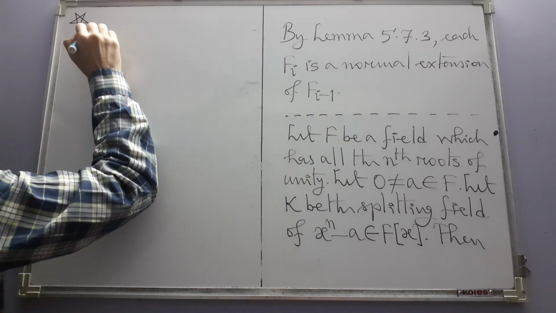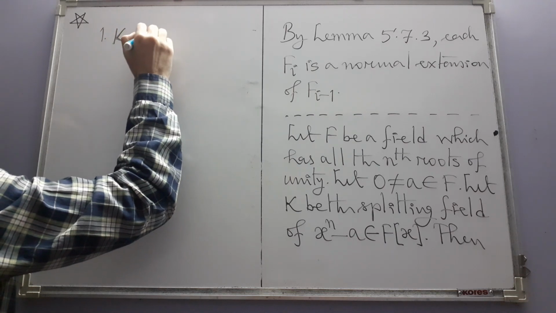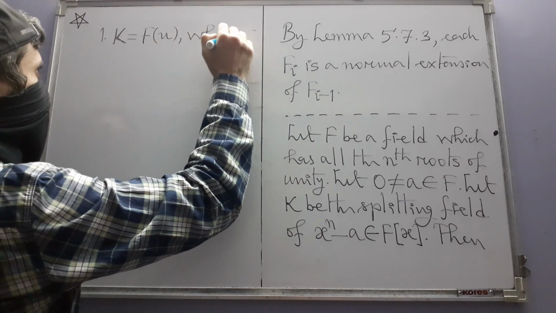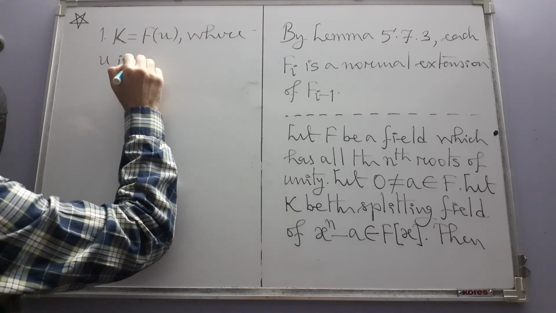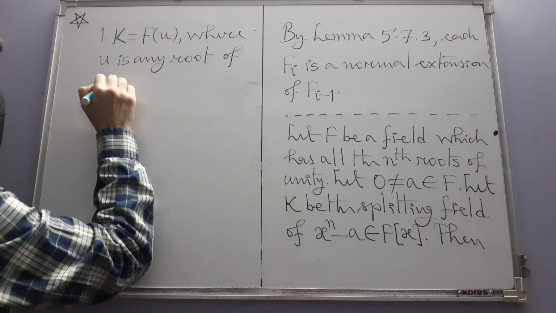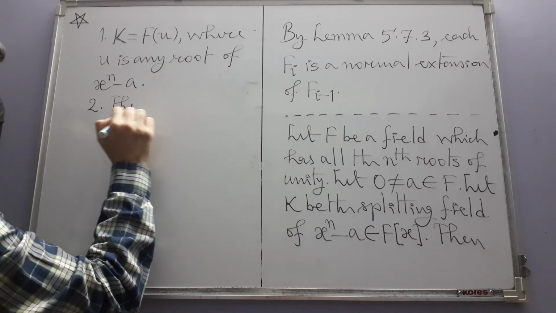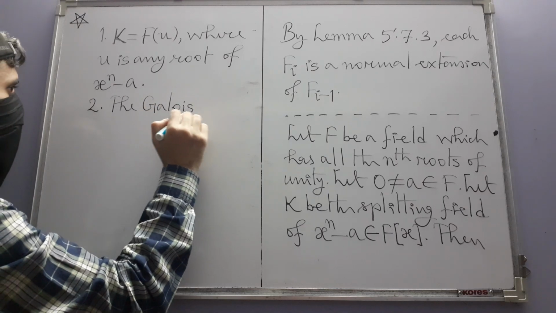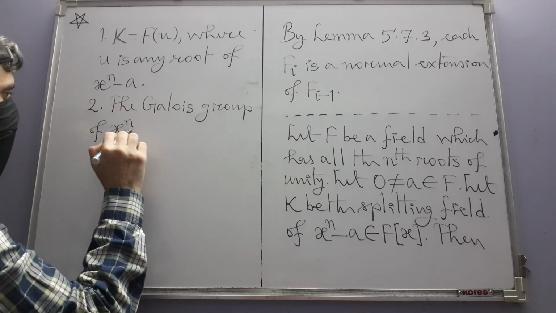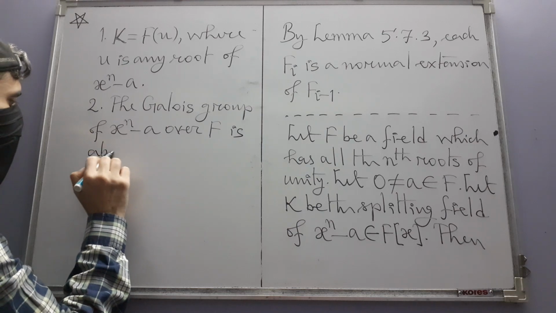So the first conclusion was that K is the simple extension F(u), where u is any root of this polynomial. And the second conclusion is that the Galois group of our polynomial over F is abelian.